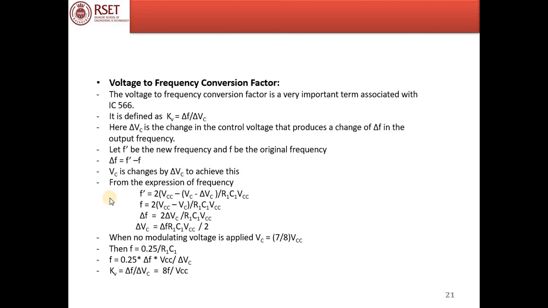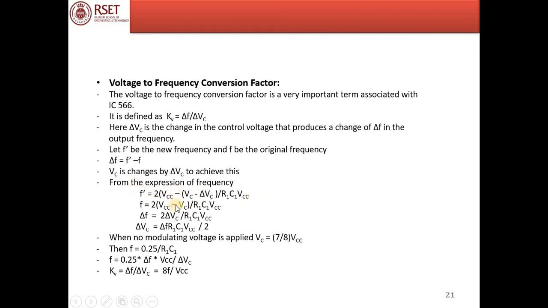How did we find that out? Initially let the frequency be F and the control modulating voltage be VC. Now let the modulating voltage be changed to VC minus delta VC. Then the frequency changes to F dash. So the change in frequency delta F is F dash minus F. We have earlier found out the equation for the frequency F. We are substituting the values of VC minus delta VC to find out the expression for F dash.